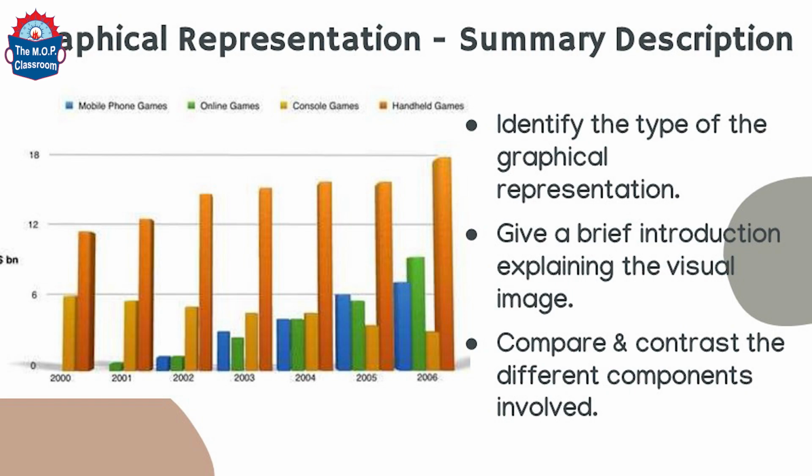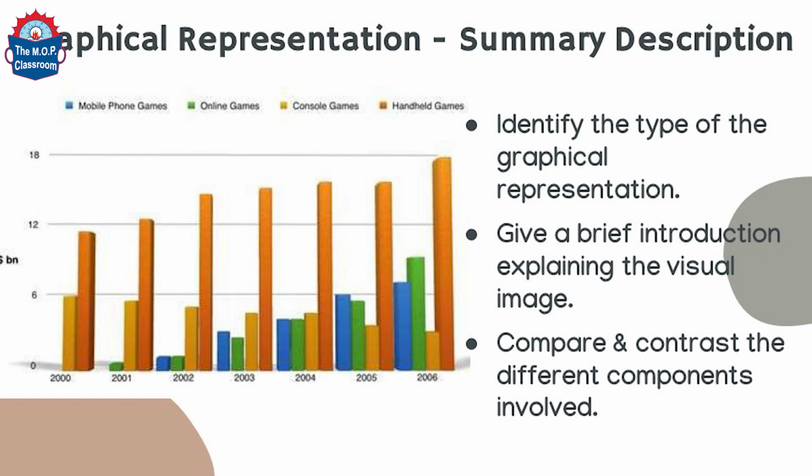Here in this example, you can clearly see that four different components are involved, namely mobile phone games, online games, console games and handheld games, throughout the period of seven years, which is mentioned in the horizontal axis, and these four different components are mentioned in the vertical axis.